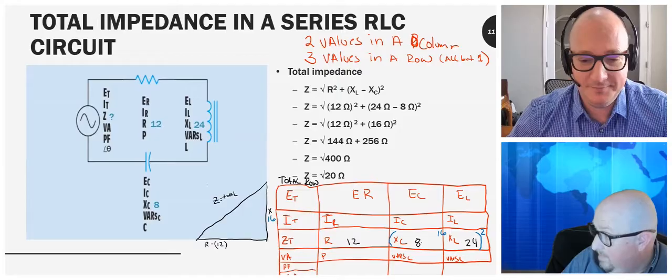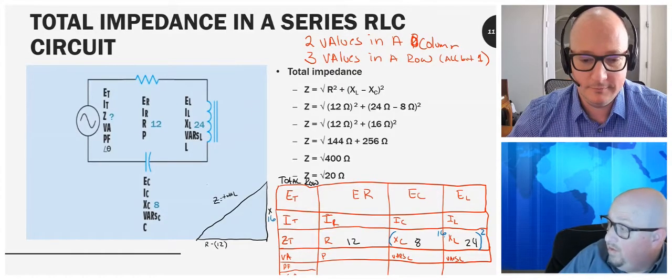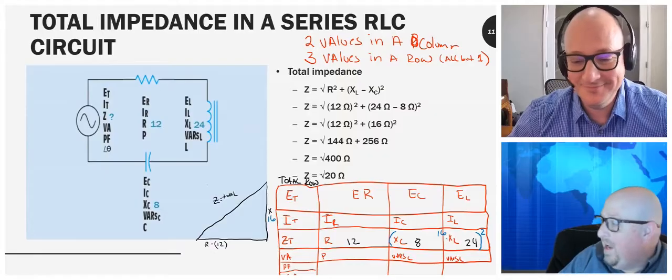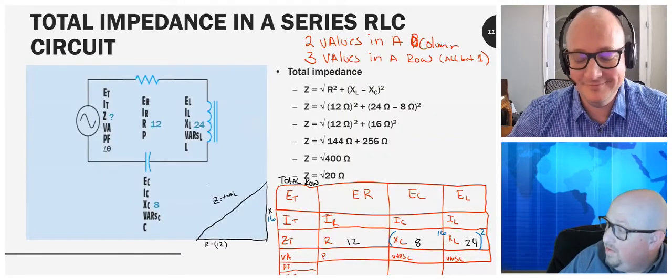Yeah, that's it. 16. So now I know that my total vectorial sum, am I using the right word here, for my 8 and 24 is 16. Now I have that number.